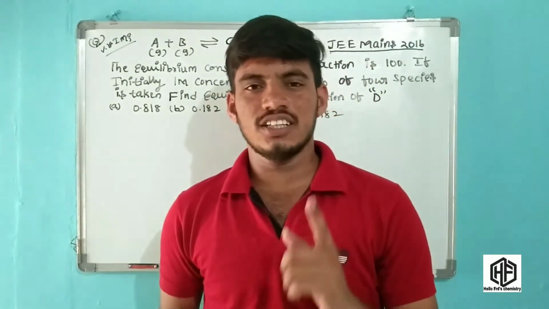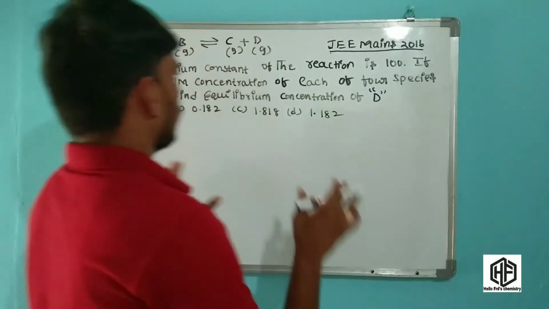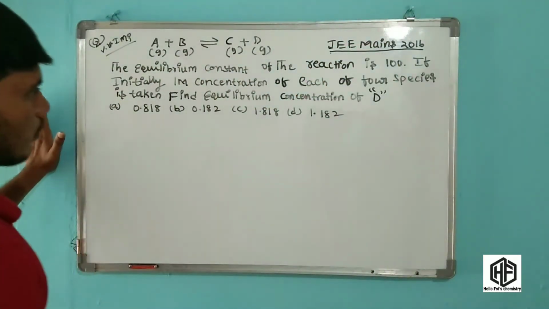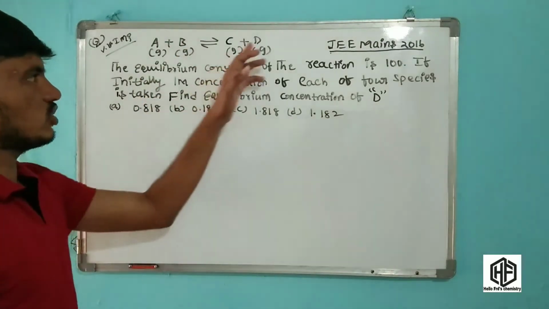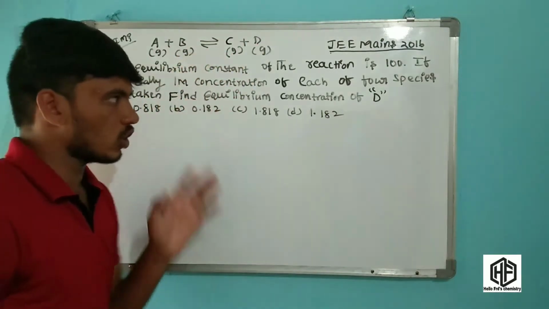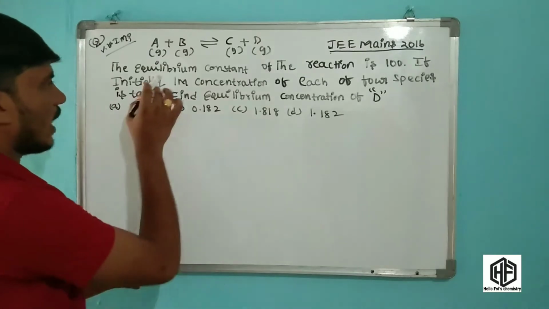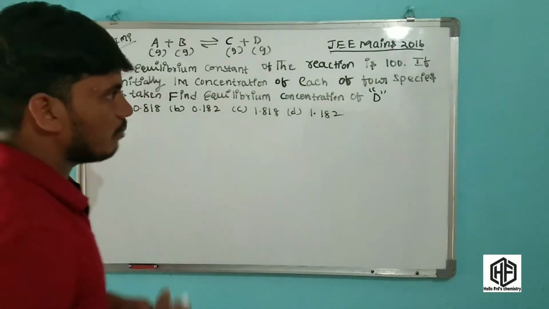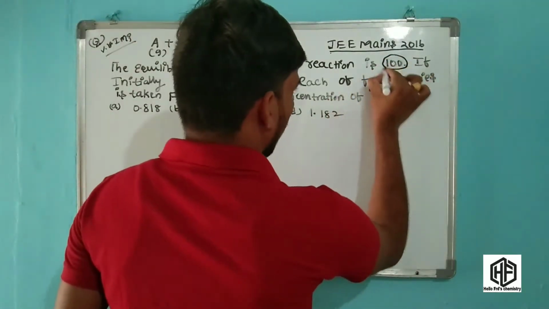Now, let's start this section. See this board. First problem is JEE Mains 2016. What is the problem, friends? The problem is A plus B gives C plus D. These are gaseous molecules. The equilibrium constant of the reaction is 100.